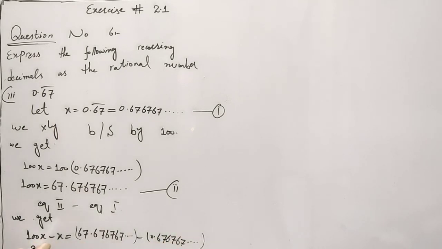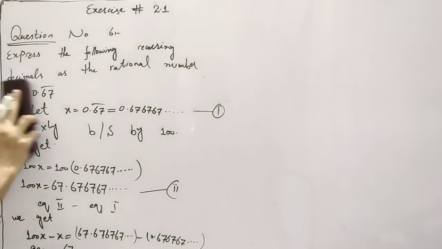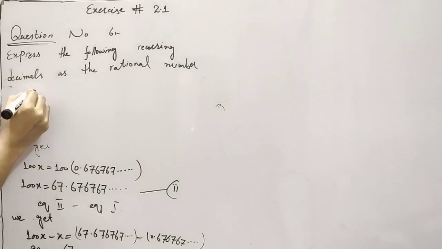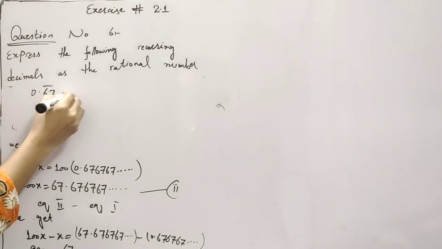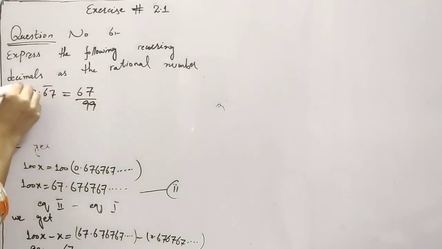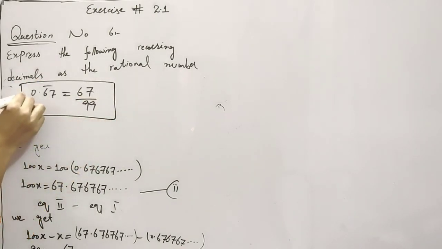So 99x is equal to 67 and x is equal to 67 by 99. So we can say that 0.67 recurring decimal is equal to 67 over 99, and this is the answer of the third part.